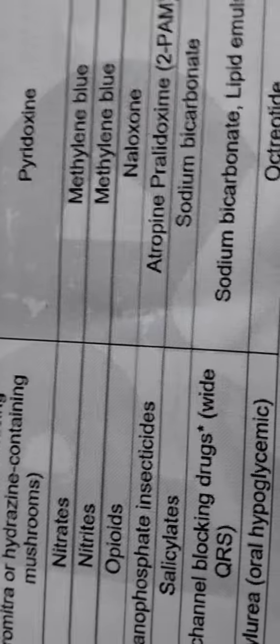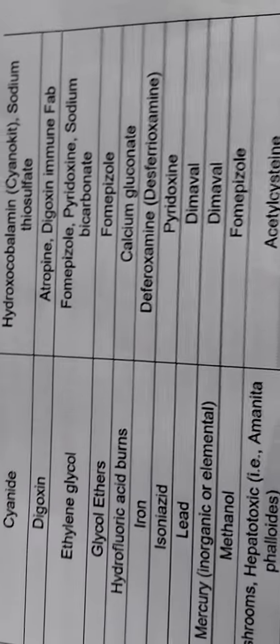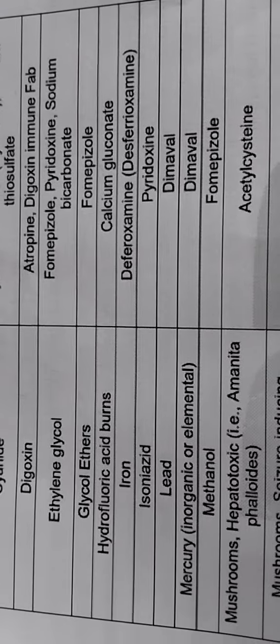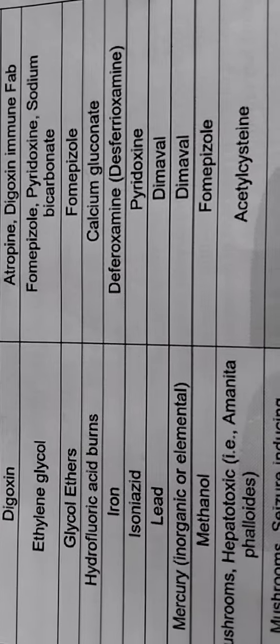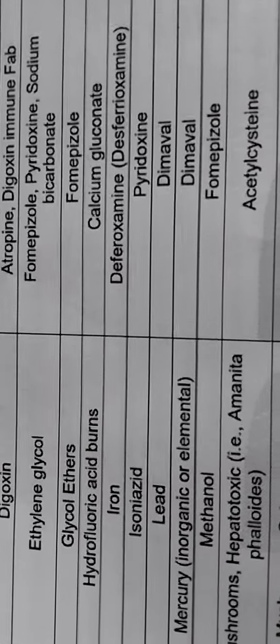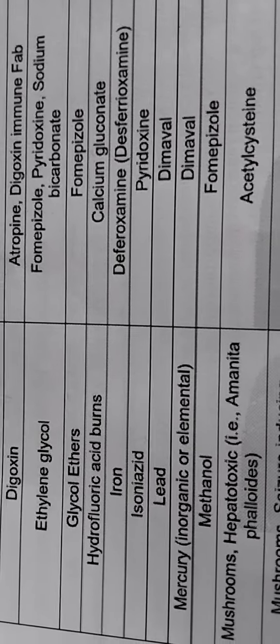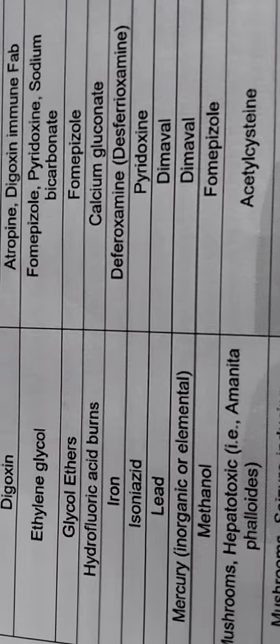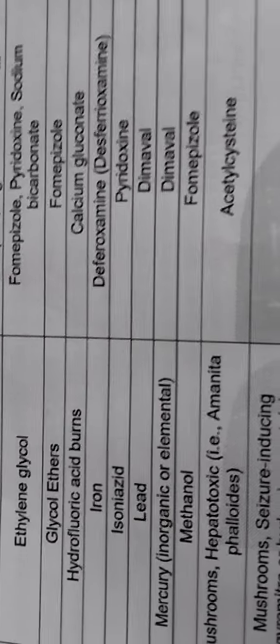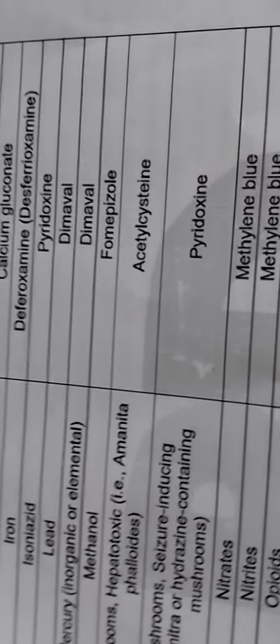Okay, so you can see this on the screen. You may pause the video and write it down in your notebook. This is very important, and many times questions on poisons and their antidotes are asked. We will continue with the antidotes, adjuvant antidotes, in the next class.